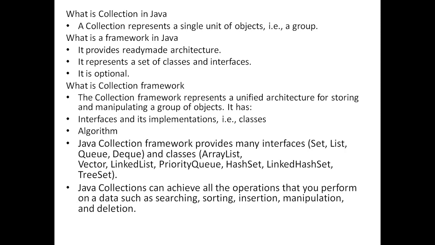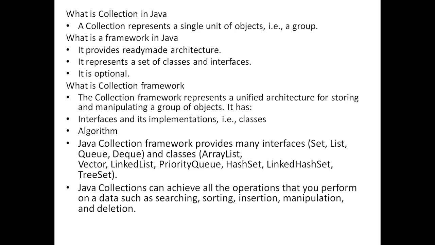Then what is a collection framework? It is the combination of collection and framework. The collection framework represents a unified architecture for storing and manipulating a group of objects. It has interfaces and their implementations, that is, classes and algorithms.